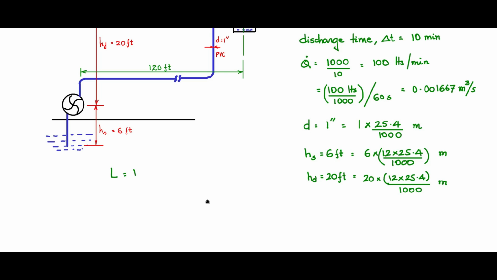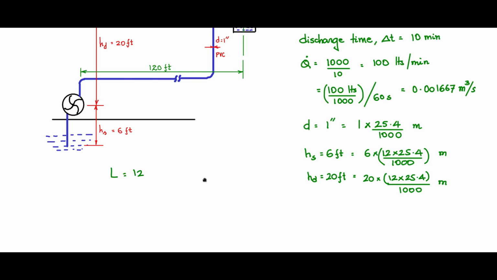Now the total length of the pipe. The total length of the pipe is needed because we need to calculate the loss due to friction. So it is not sufficient that you take only the suction head length and the delivery head length. You should also take all the horizontal portions of the pipe, because they contribute to the friction loss, and in fact they contribute a significant portion, because 120 feet is not small, it is much larger compared to the heads.